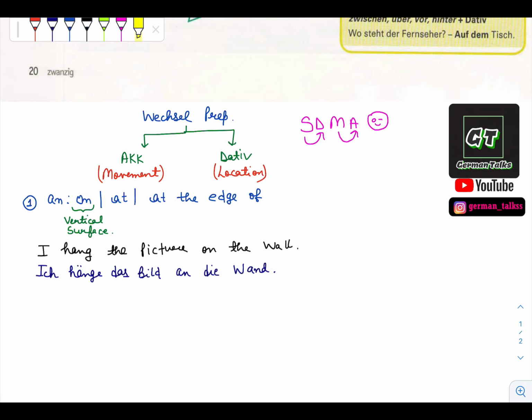Now we will see how we used the preposition here. I hang the picture on the wall. Like, I'm hanging the picture on the wall means there is some movement here. And I told you whenever there is movement we will use accusative.